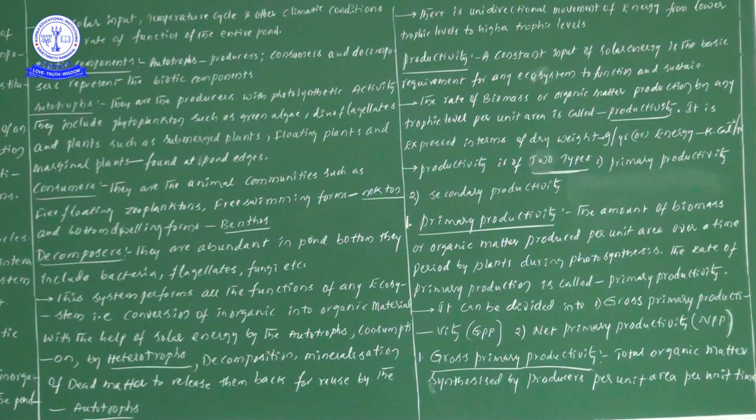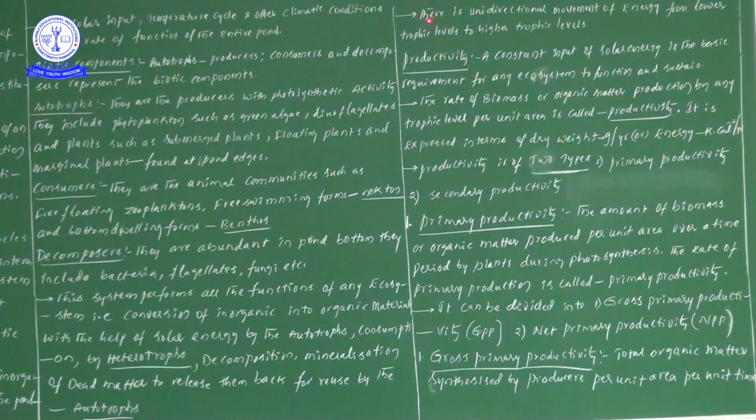By the process of mineralization of dead organic matter, minerals are released back for reuse by the autotrophs, so all these minerals reach the autotrophs for the process of photosynthesis. So that is a small piece of information we have learned.